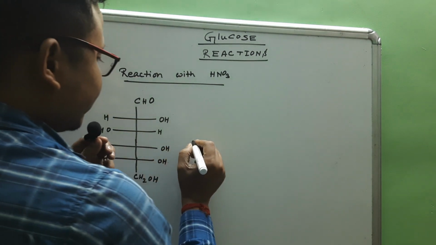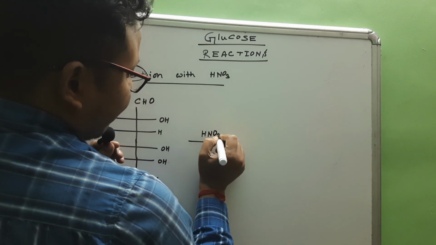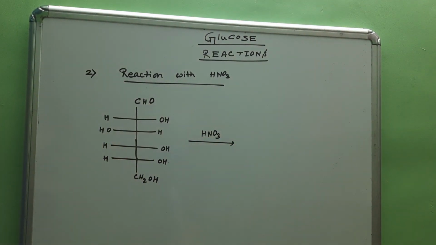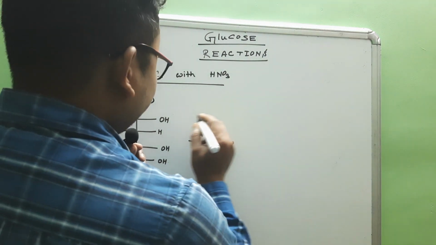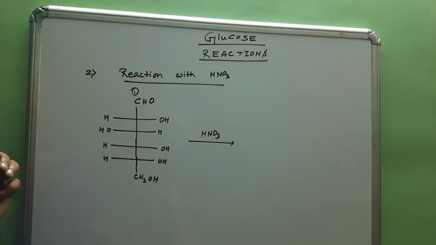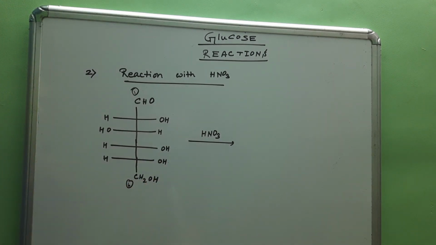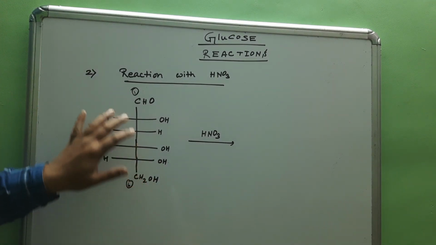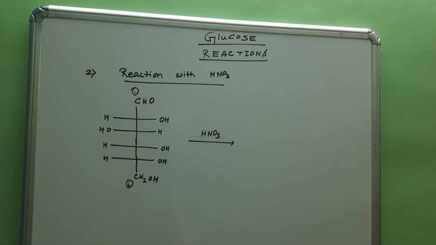There are a total of 6 carbon atoms, and it is oxidized in the presence of HNO3, nitric acid. When it reacts with nitric acid, the aldehydic functional group, the number 1 carbon atom, and the sixth carbon atom, the primary alcoholic functional group, both turn into carboxylic acid groups.